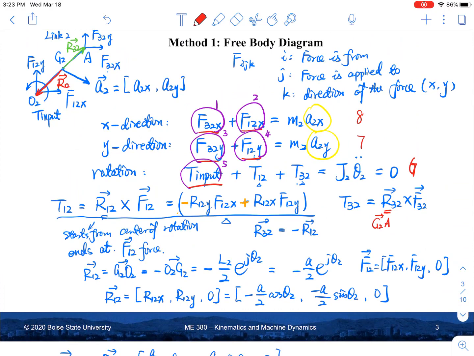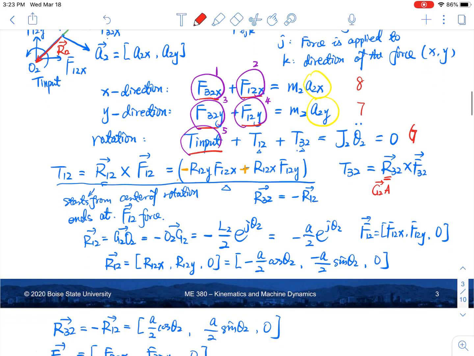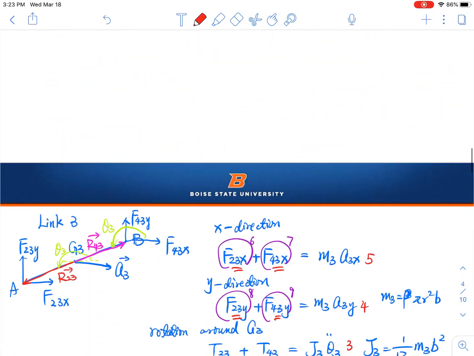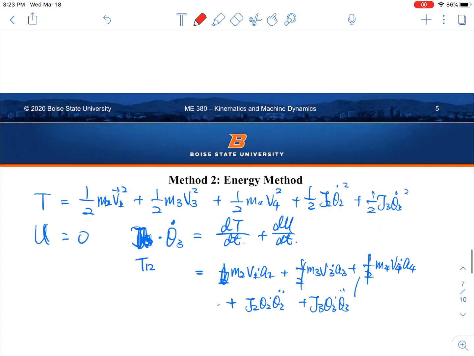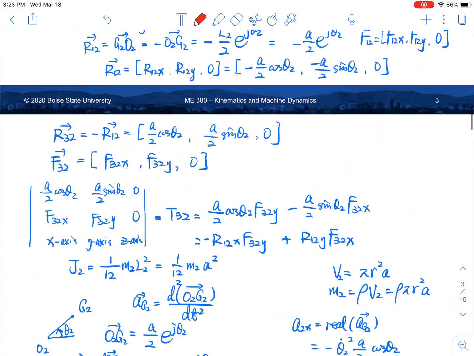And the good news is they're all linear equations. You can organize them in matrix format and then find all the unknowns. Okay, so that's how we do force analysis. You can check the MATLAB code I posted online. That code is special. It's able to calculate the torque at all these theta 2 positions.